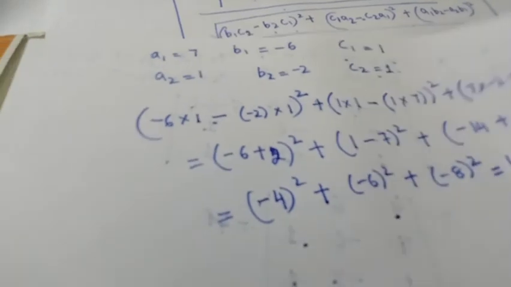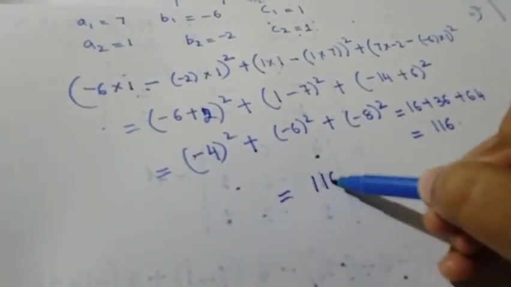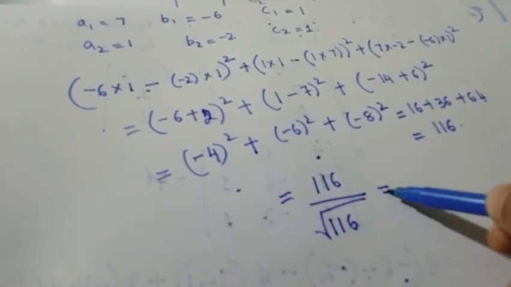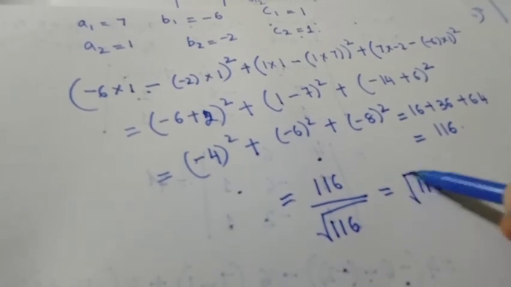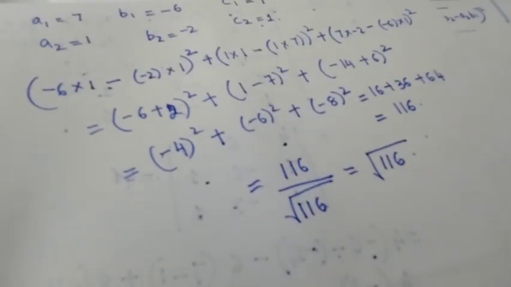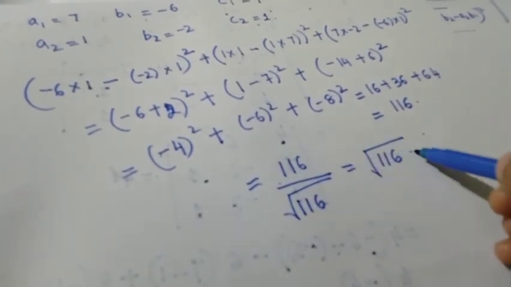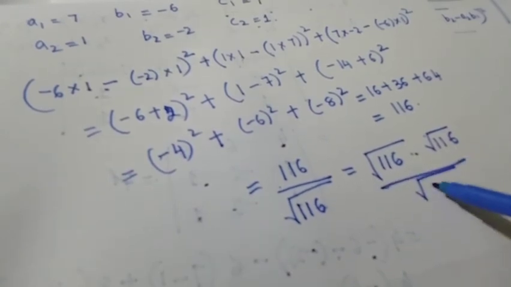So the numerator solved gives 116 divided by root of 116, which is equal to 116. Okay, so the numerator 116, you can write it as root of 116 into root of 116 divided by root of 116.